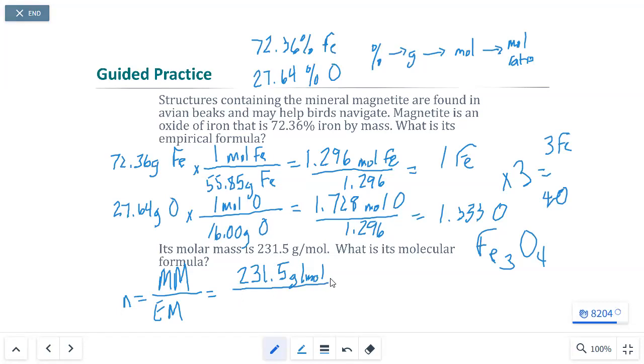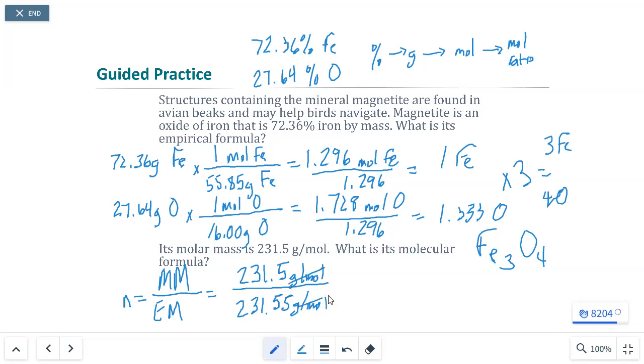For the empirical mass, I need to take the mass of iron Fe3O4. So 3 irons, 3 times 55.85, plus 4 oxygens, 4 times 16, gives us 231.55 grams per mole.